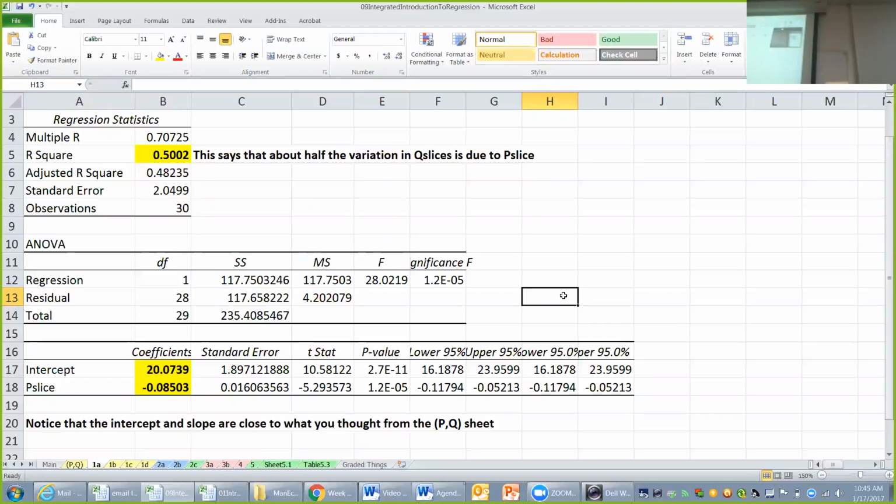Eyeballing it, you're kind of like, well, that could be 0, right? 0.085 is kind of a small number. So part of our empirical analysis wants to question, is price of slice really explaining anything? Or if I gathered some other data, would this be maybe 0 or positive or whatever, insignificant?